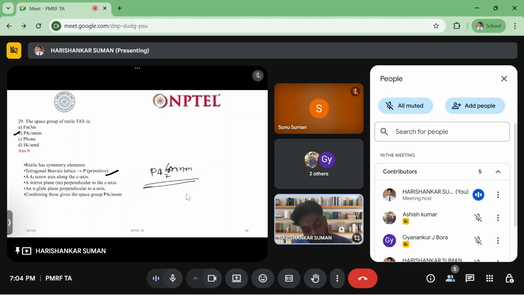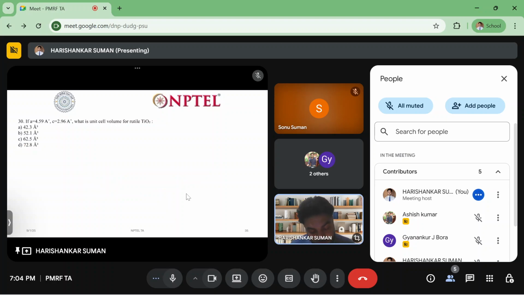Our next question: if a equals 4.59 angstroms and c equals 2.96 angstroms, what is the unit cell volume for TiO2? Volume.